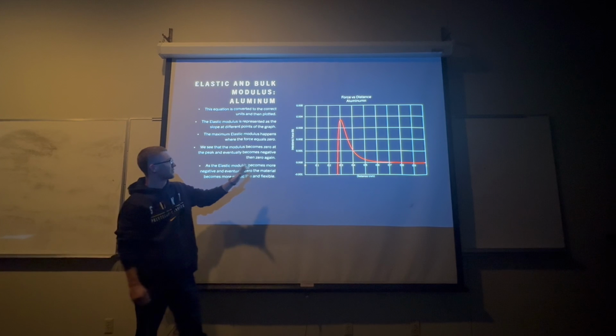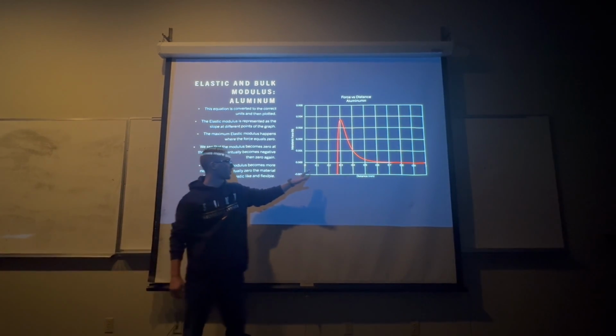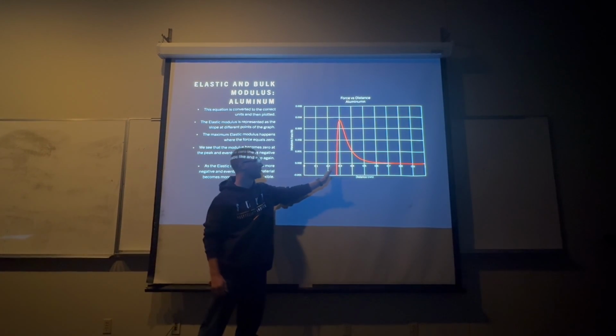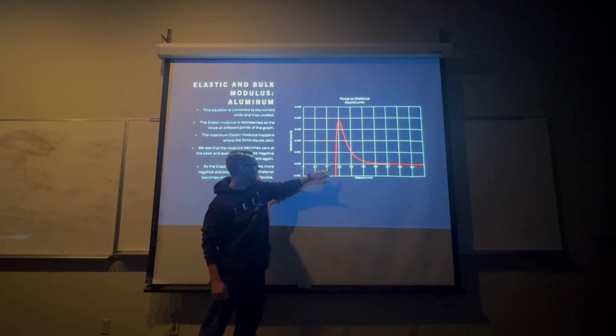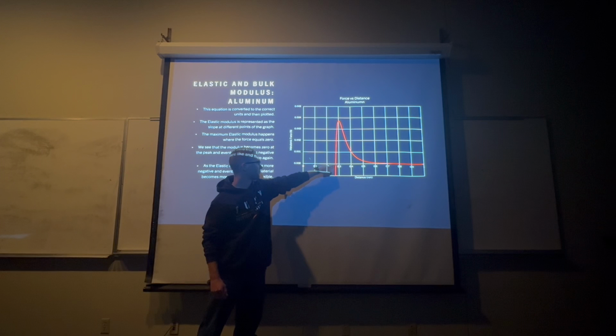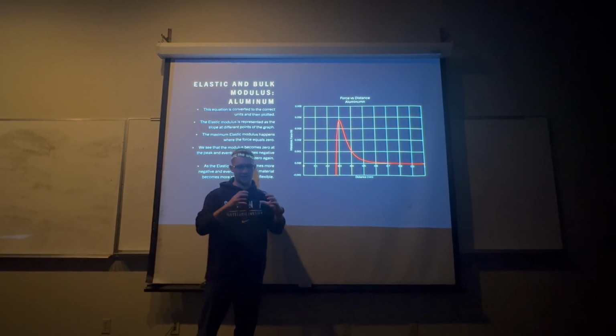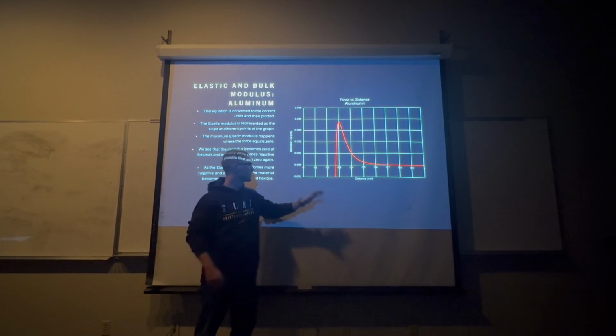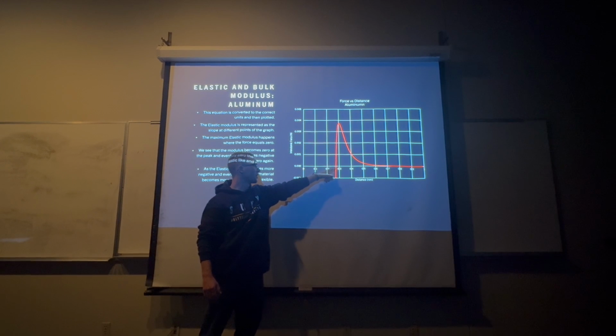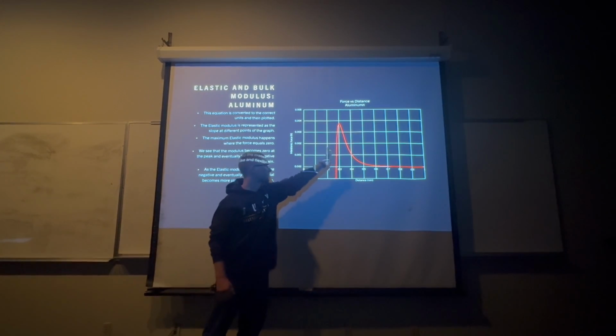Now, the elastic modulus here on this graph is actually the slope of this line, which obviously is changing at all these positions. So when it crosses 0 here, this is where the atom is at neutral rest, so when the force is 0. Here, the elastic modulus is the greatest.